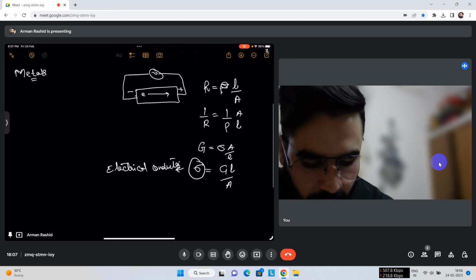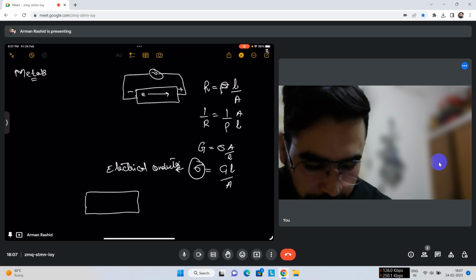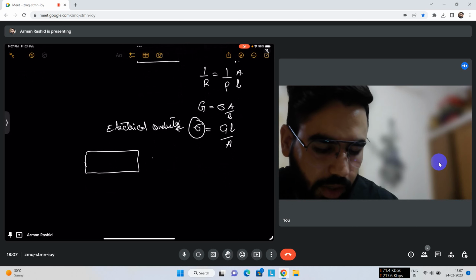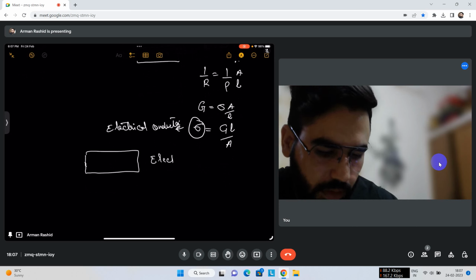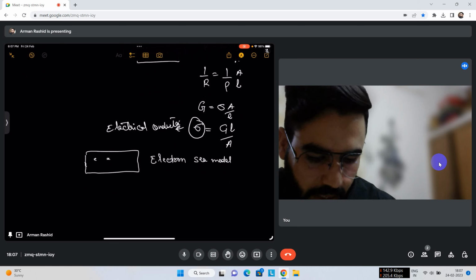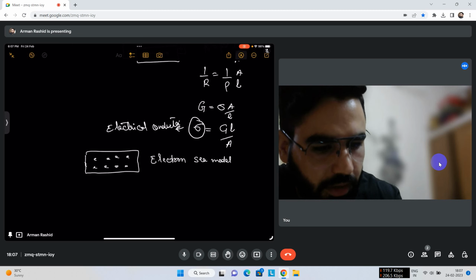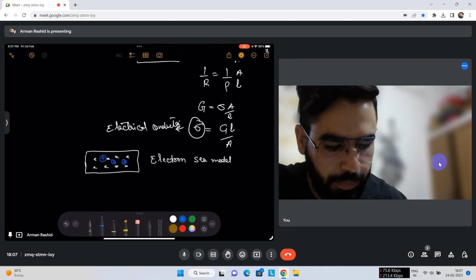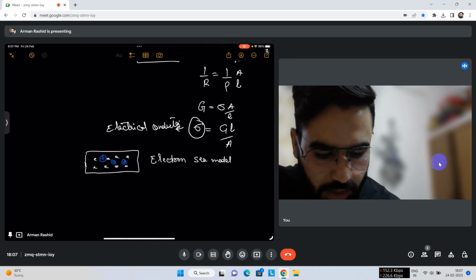But in the case of metals, since the electrons are freely moving according to the electron sea model, these electrons are quite labile, while the positive charges are fixed at their lattice positions.